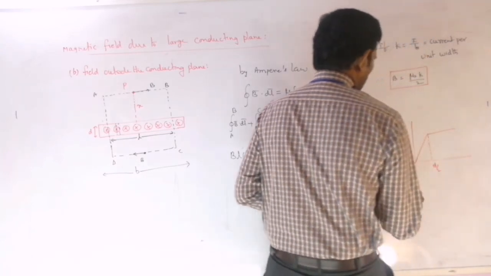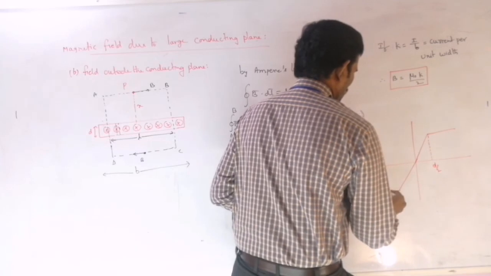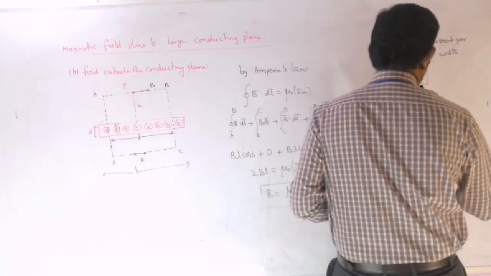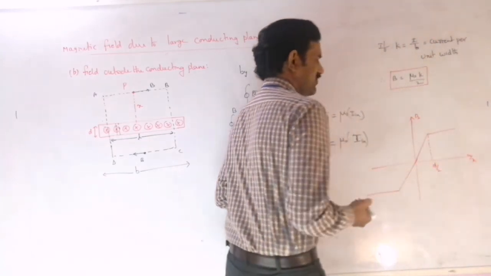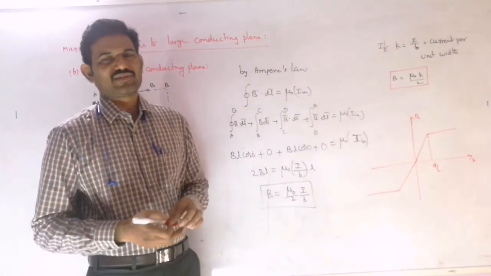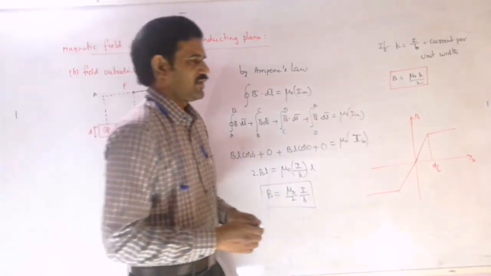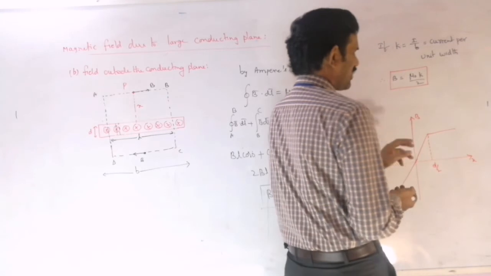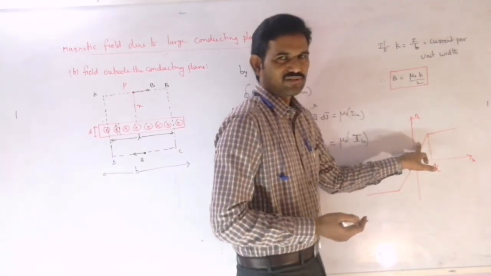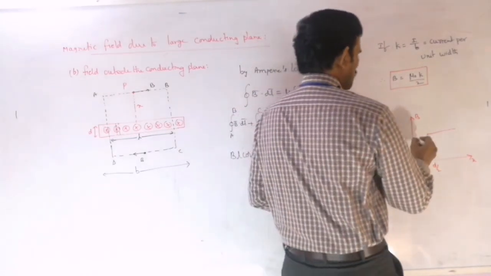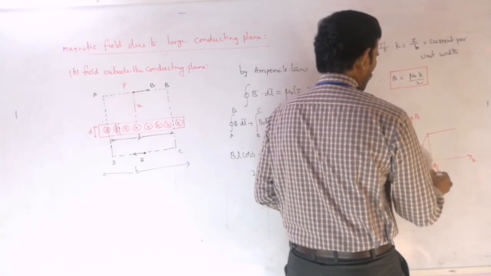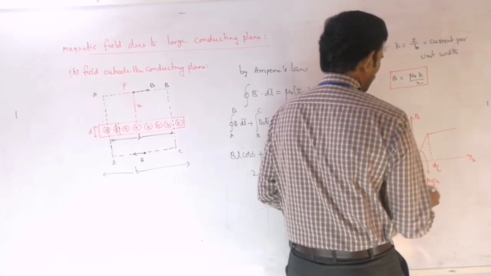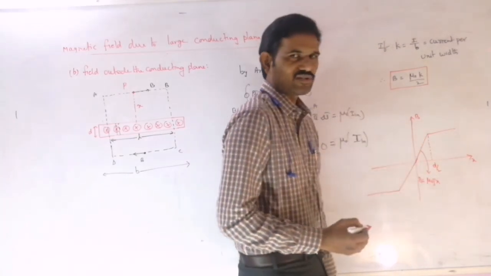Here x means, as previously mentioned, the distance from the center of the plane, and the magnetic field is mu naught into j into x. This expression is for the internal points, so it is a straight line passing through the origin.